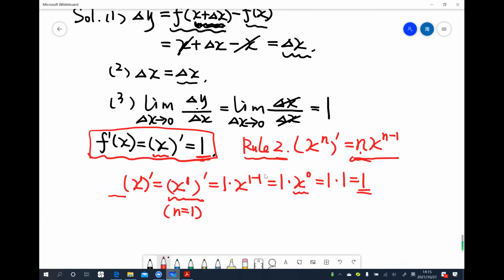And we use this rule that equals n times x to the power n minus 1, right? So here we know n equals 1, so 1 here, and times x to the power n minus 1, so here that is 1 minus 1. That equals 1 times x to the power 0 here, right? And x to the power 0 equals 1, so we know the result is 1. As we calculated here, they are the same.